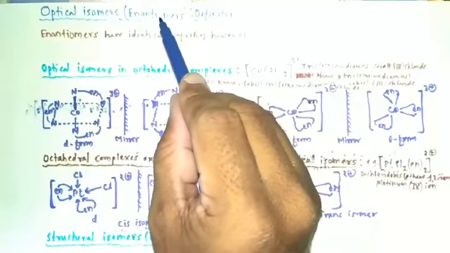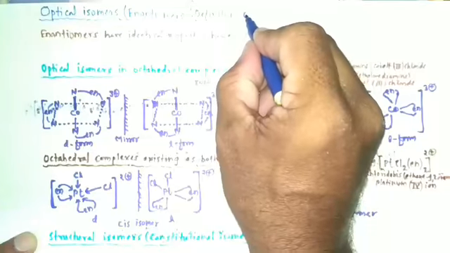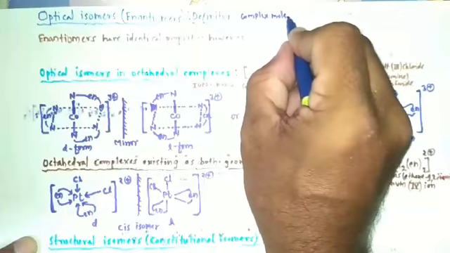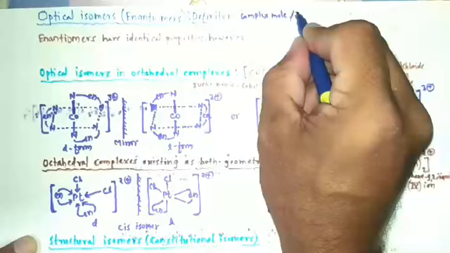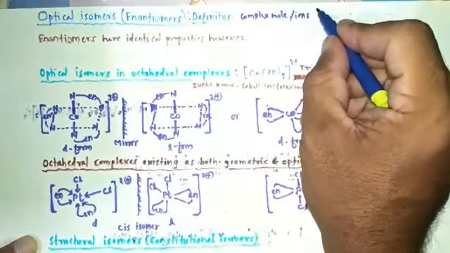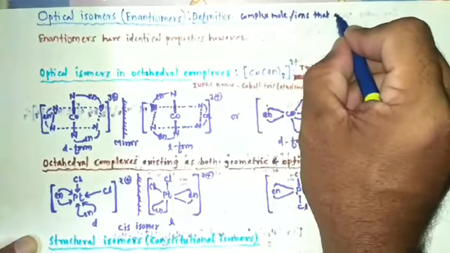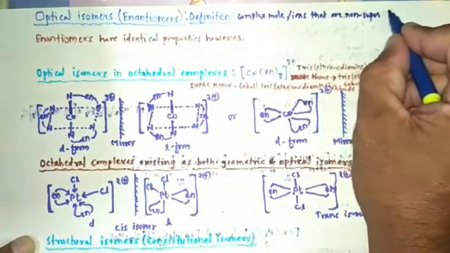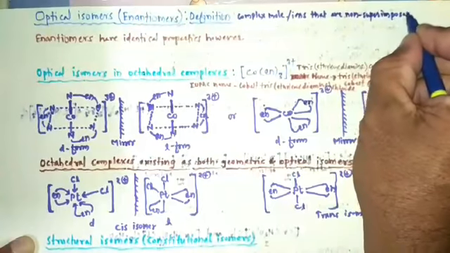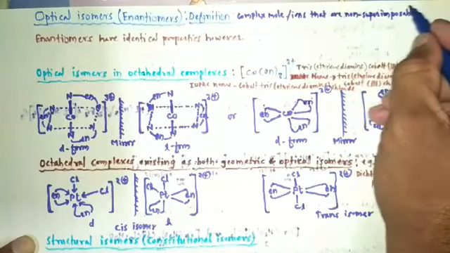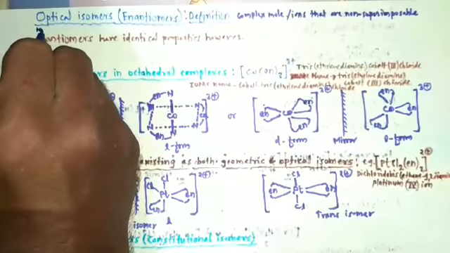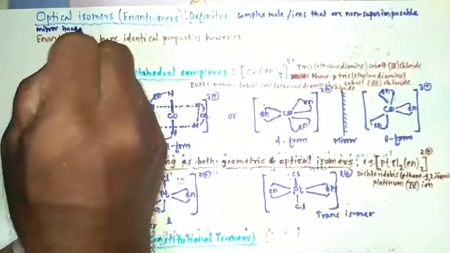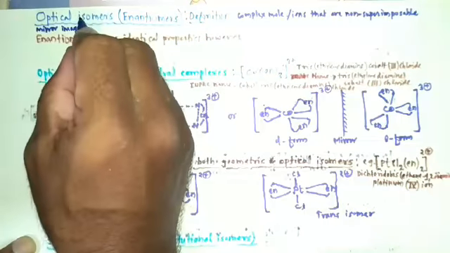Enantiomers are defined as complex molecules or ions that are non-superimposable mirror images of each other.